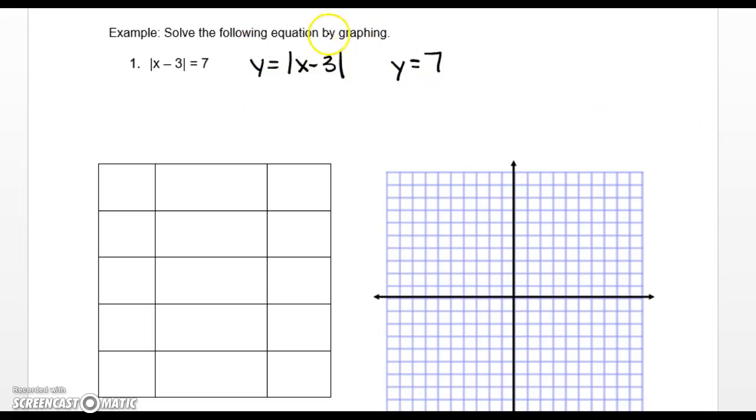To graph our first equation, y is equal to the absolute value of x minus 3, I first want to make sure I show the point where the graph touches the x-axis, where it reflects from the negative to the positive side. So we're going to let y equal 0 and solve for x.